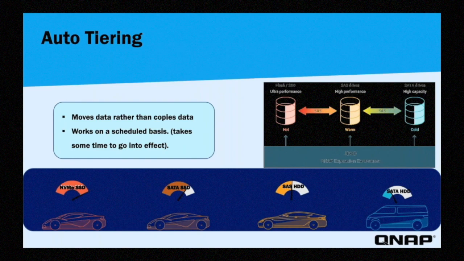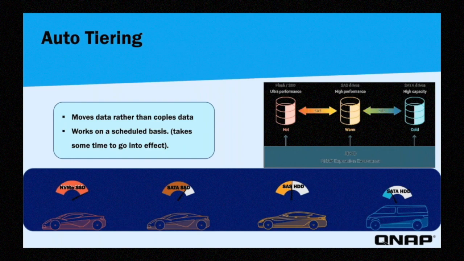Another approach to hybrid HDD SSD NAS solution is auto-tiering. Auto-tiering will move data to the faster drives automatically on a scheduled basis, depending on how frequently certain data is accessed. This can be with HDDs and SSDs, and for some enterprise models that support SAS HDDs, it can also support SATA HDDs, SAS HDDs, and SSDs, putting hot data on the SSD storage, warm data on the SAS storage, and cold data on the HDD storage.